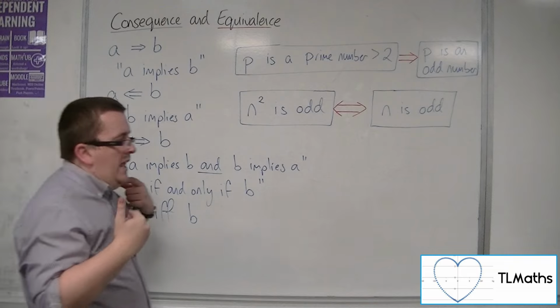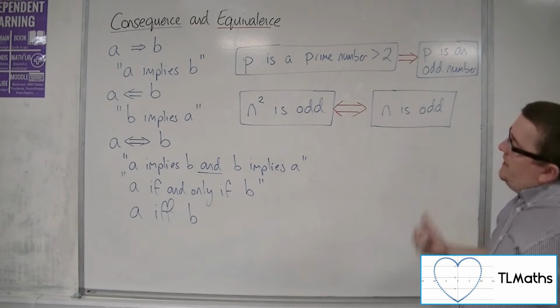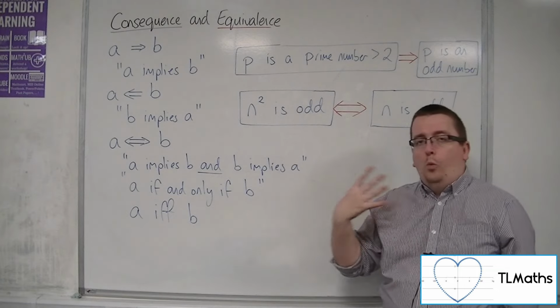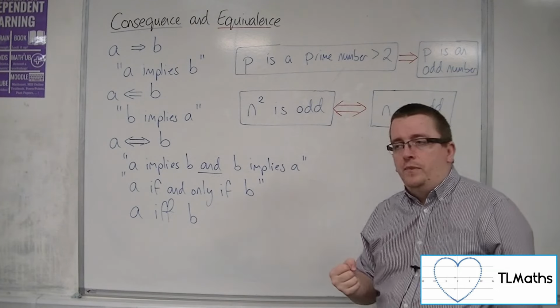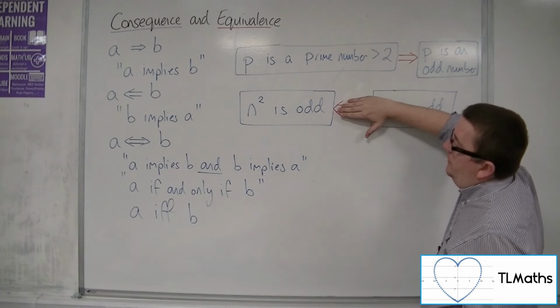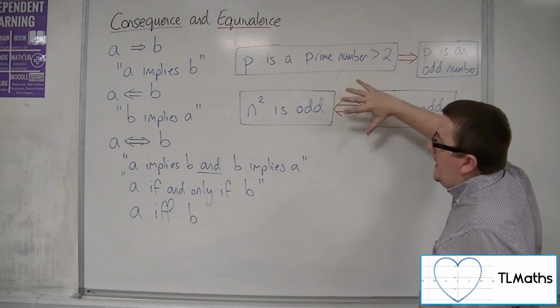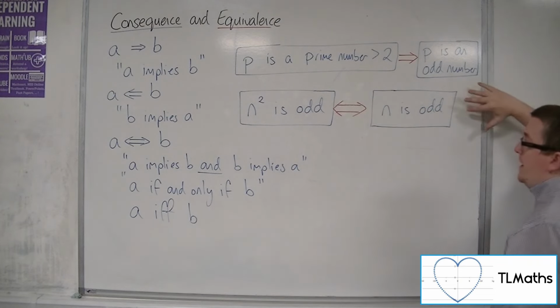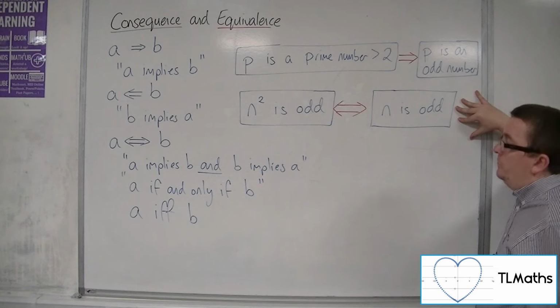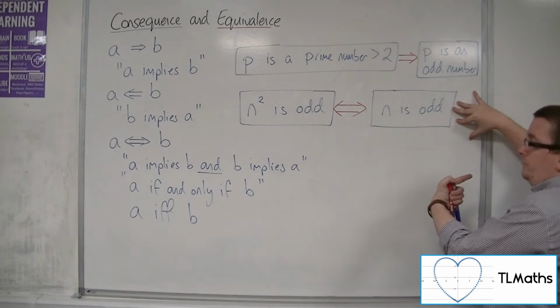So if you are faced with a pair of statements and you need to determine which way the arrow points, look at the left-hand statement first and then ask yourself, does that mean, if that's true, that the right-hand statement is true? If so, it points from left to right.